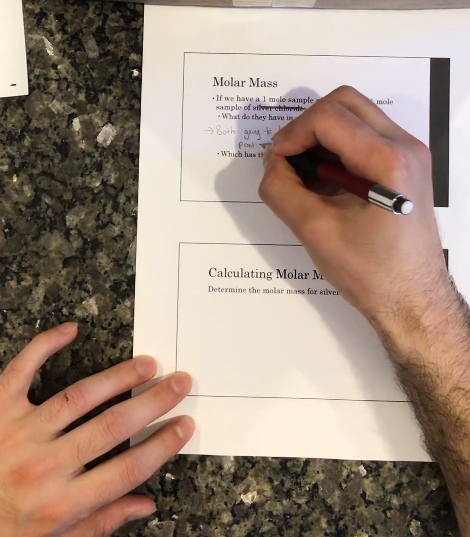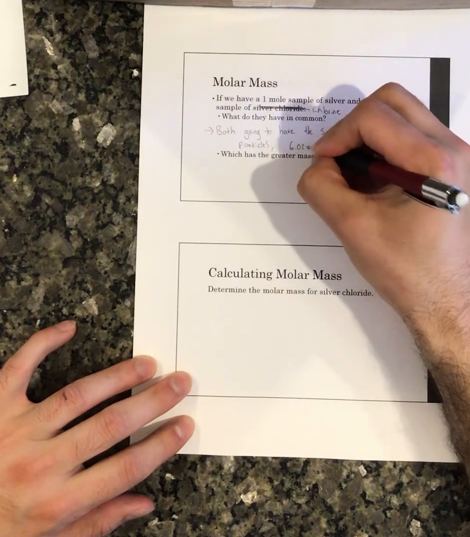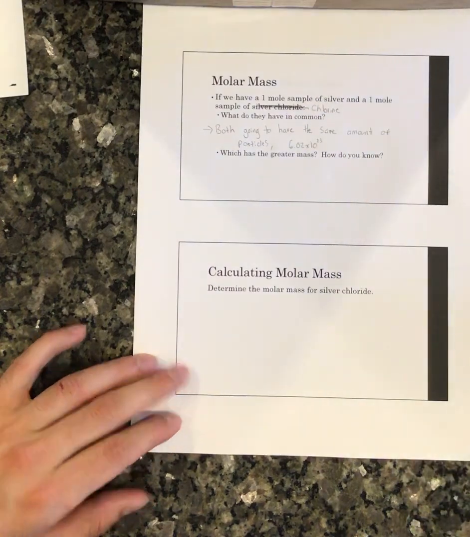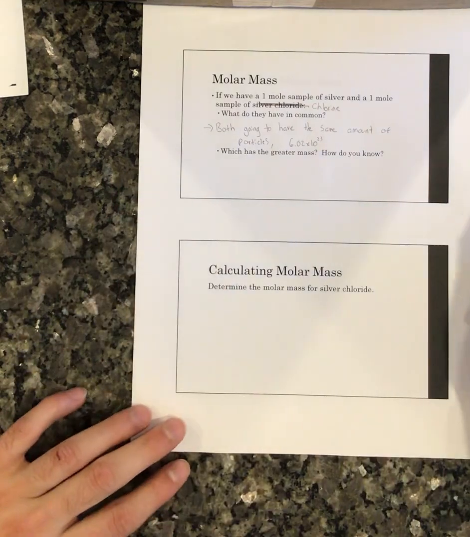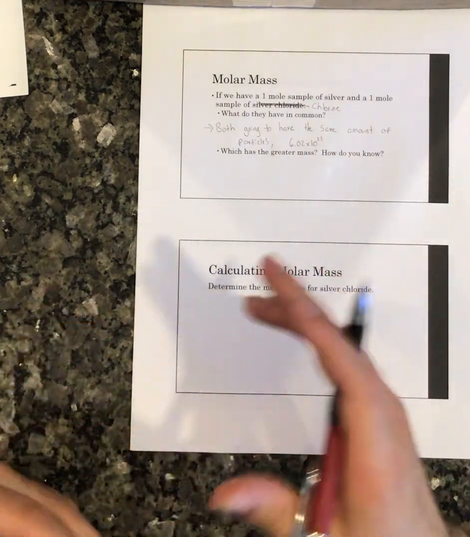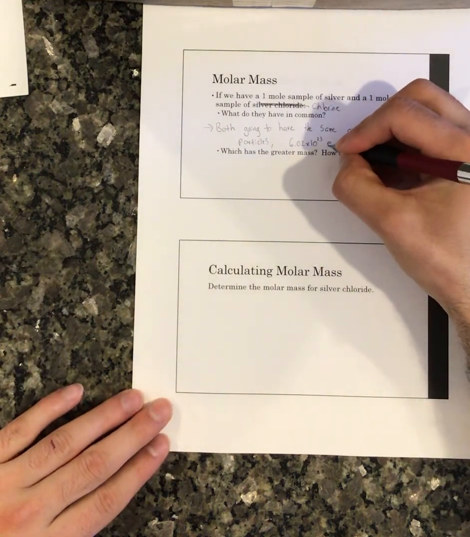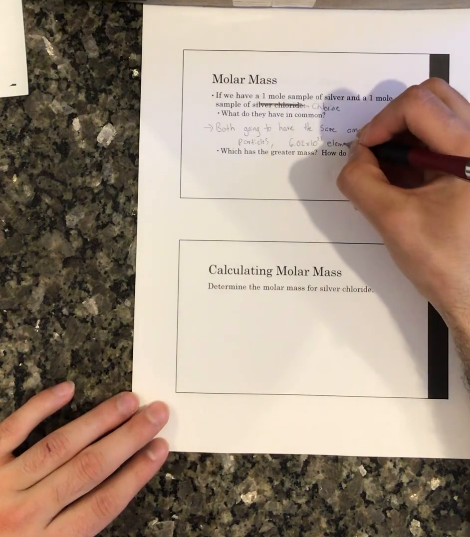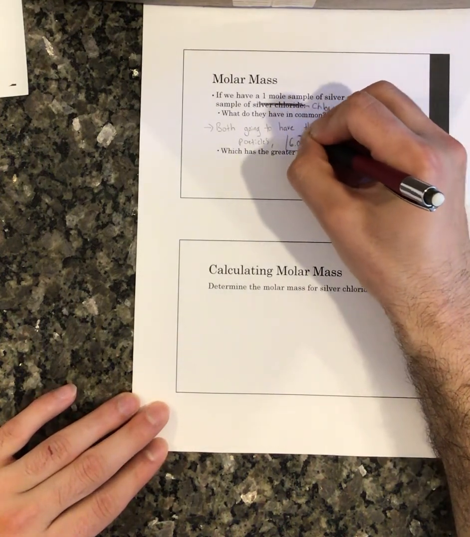Okay, now how many particles are they both going to have? They're both going to have that 6.02 times 10 to the 23 particles, or things, or atoms, or molecules, or elements, right? And that's why it said things on the other side. So if we're looking at silver and chlorine specifically, both of those are elements. So we would have 6.02 times 10 to the 23 elements, and that's what's in common for both of them here.